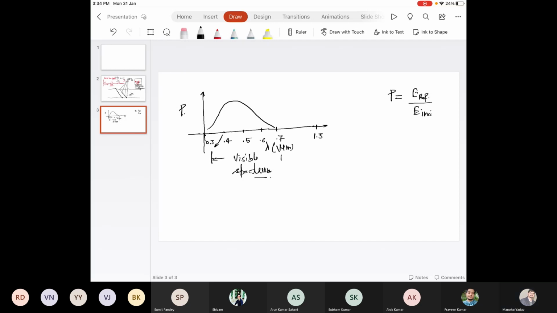Within the visible spectrum, water has reflectance. After that, rho is nearly equal to 0 if it is clear water.